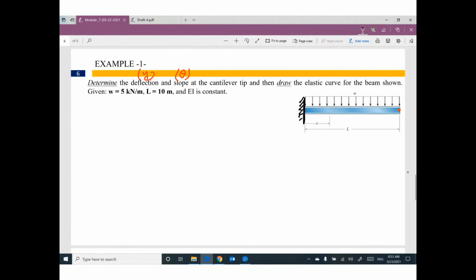It's not clear. Okay. For the shown beam, the applied load w equals 5 kilonewton per meter, and the length equals 10 meter. EI is not given, but it's a constant.